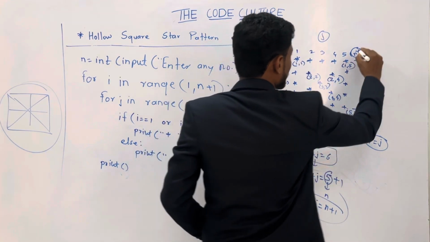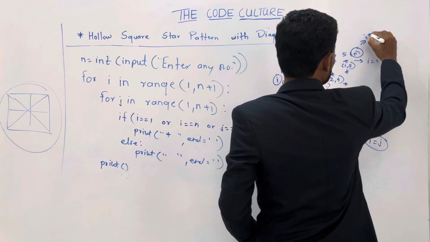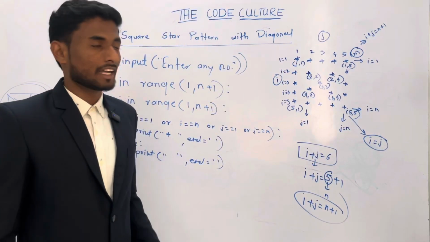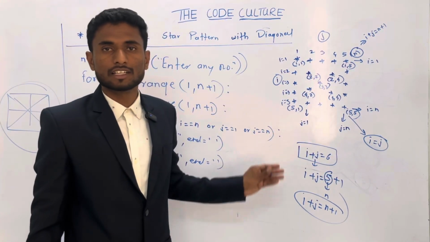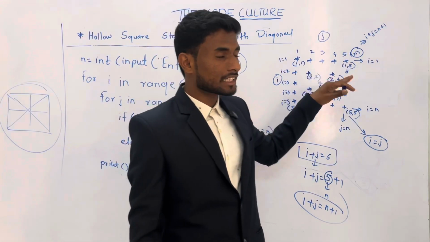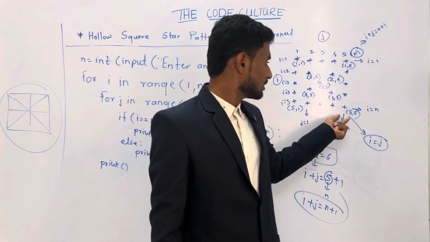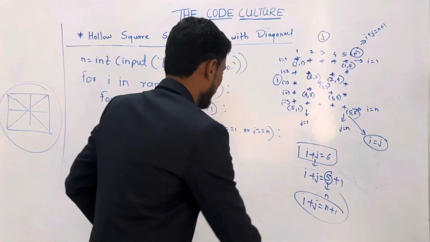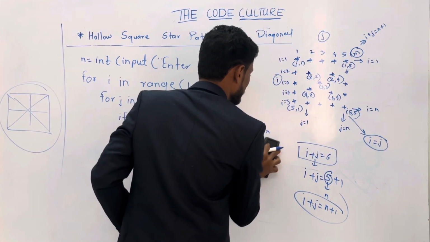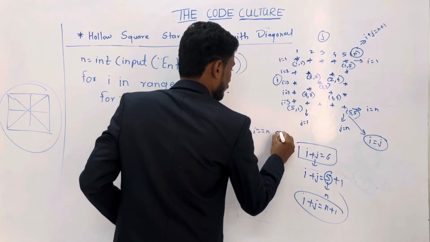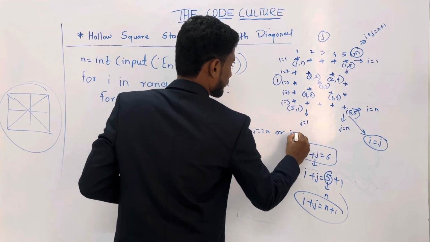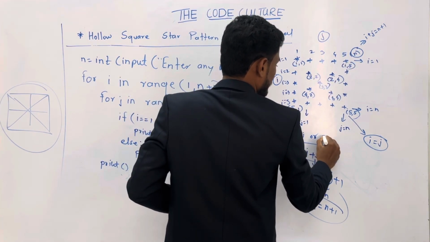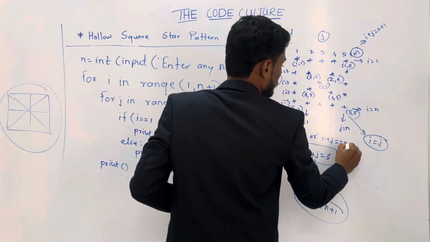This is our required equation to print the second diagonal. Already we have four equations from the last lecture, and now we have two extra equations: the first for the first diagonal and the second for the second diagonal. Just add these in your conditional statement: first i equals j, and second i plus j equals n plus 1.